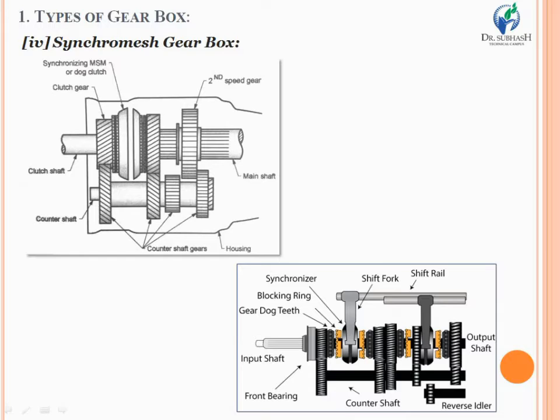One reason for using helical gears in place of spur gears is that there will be point contact between a pair of gears. Ultimately it reduces the noise produced while transmitting or shifting the gears. So this is the first and most important reason why spur gears are replaced by helical gears.